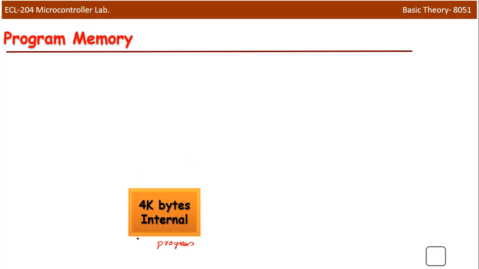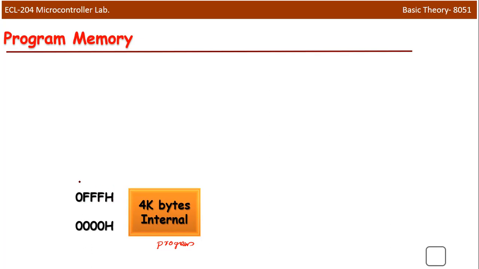So this memory is internally 4K wide, so around 4,000 locations are available. Each location can hold 1 byte of information. So we need to identify each room by using a room number. We will use the first room number as 000H, and the last memory location is identified by FFFH.